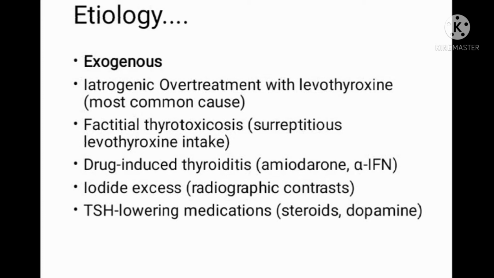That means if the patient takes, for example, 200 milligrams of amiodarone per day, the patient will get 6 milligrams of iodine per day. The other causes are iodine excess, exogenous iodine intake, and steroid and dopamine therapy. If the patient takes a high dose of steroid for long periods, the patient will have pituitary suppression, so TSH secretion will be low.